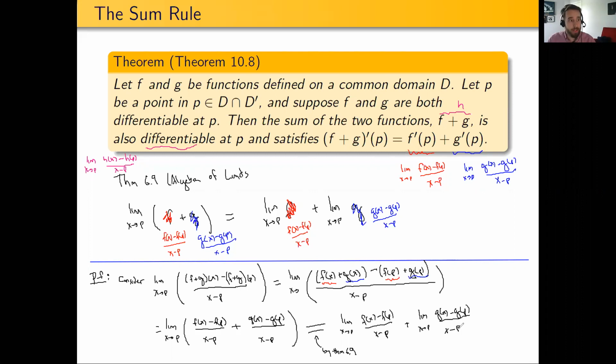Right? So again, the algebra of limits here says that if each of these individual limits are known to exist, then the limit of this thing should just be that limit plus that limit. Luckily, we know that both of these exist because both f and g are differentiable. So because f and g are differentiable, this limit exists and it equals f prime, and this limit exists and it equals g prime. So we can conclude at last that the thing we were trying to compute actually equals f prime of p plus g prime of p.